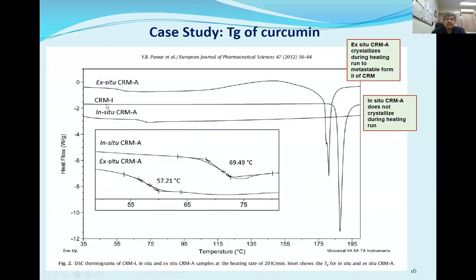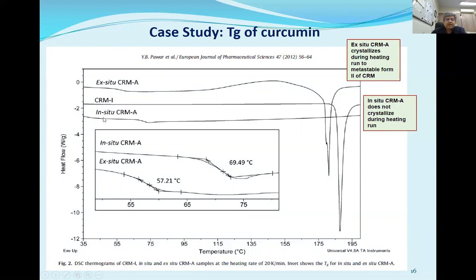When you heat the crystalline sample, you see that it keeps as a straight line and then it suddenly melts. So this is the melting event for form 1 of curcumin.